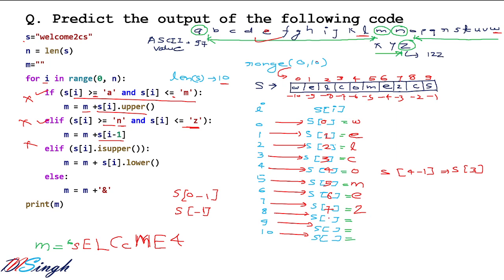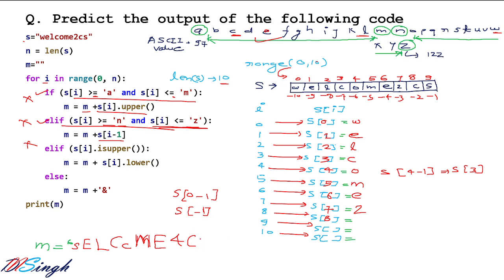Then next iteration I value will be what? 8. At index 8 it will have a small c, that again matches the first part, where this is the c. So here C will be in capital case, and S will match this elif part here.